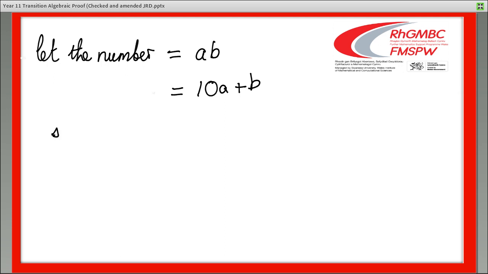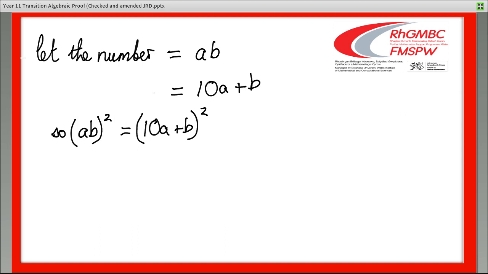So if we square that number, AB squared actually means 10A plus B all squared.